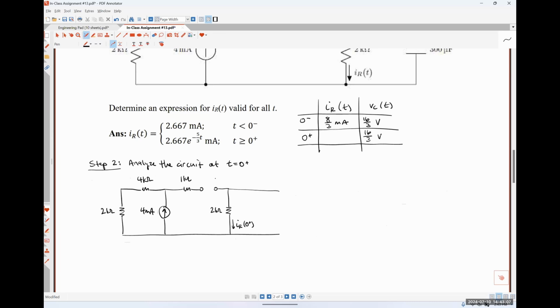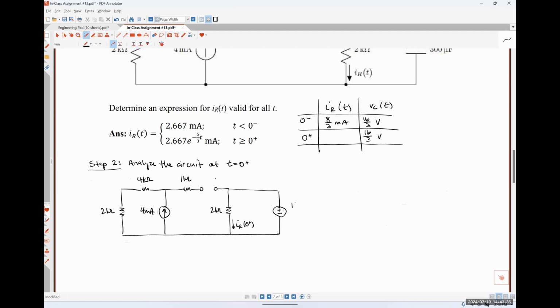We know nothing about the current that's flowing through the capacitor, nor does it even particularly matter to us. So what I'm going to do is replace my capacitor with a DC voltage source that has the same polarity and the same magnitude as the capacitor voltage at t equals 0 minus.